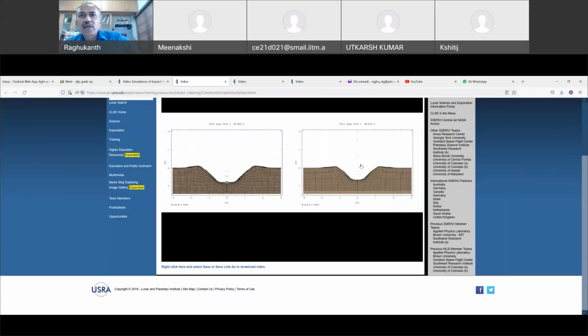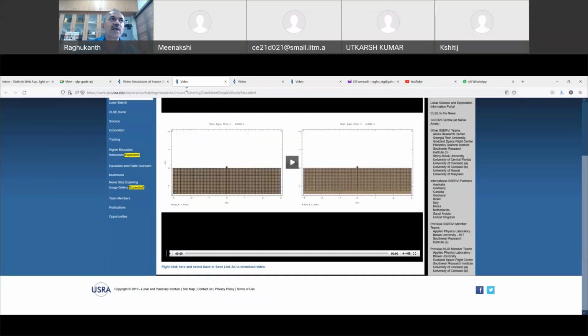You will see central peaks in some cases, in some cases you may not see them, and you will see a variety of features. The rim, the diameter, you can measure the diameter to floor depth and other things. If you measure, you can easily get some type of equations also.